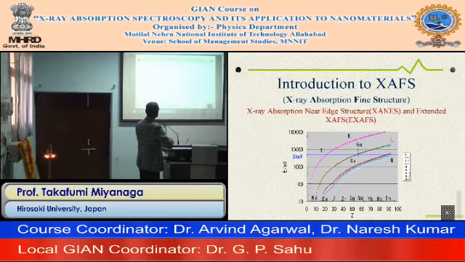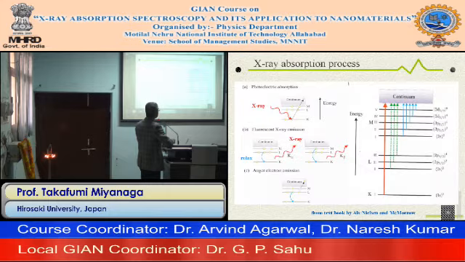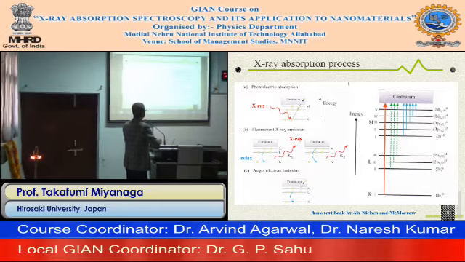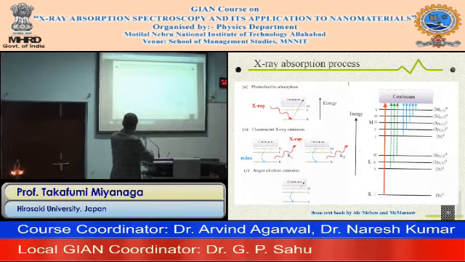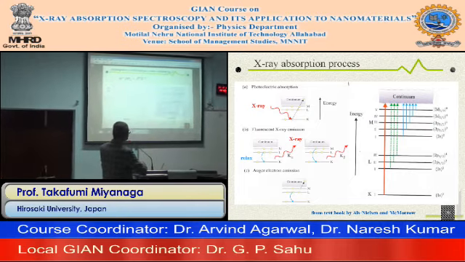Secondly, the L edge is called L1, L2, L3. The absorption edge is separated into 3. And the M edge is separated into 5. But actually, this is separated by 5 step functions.